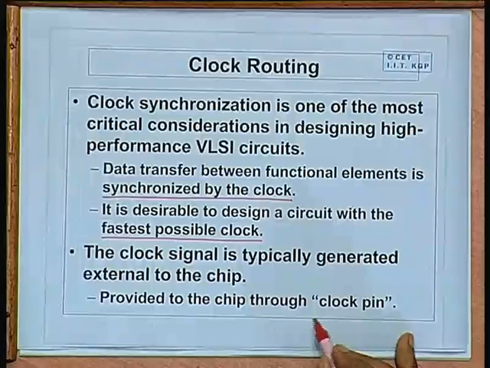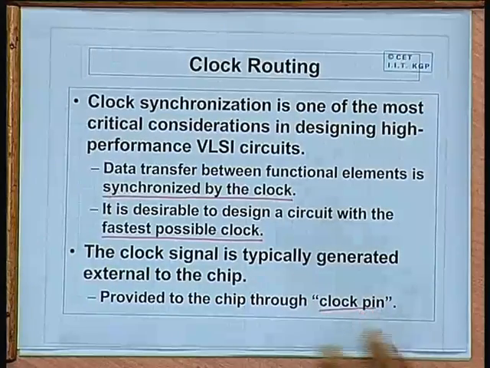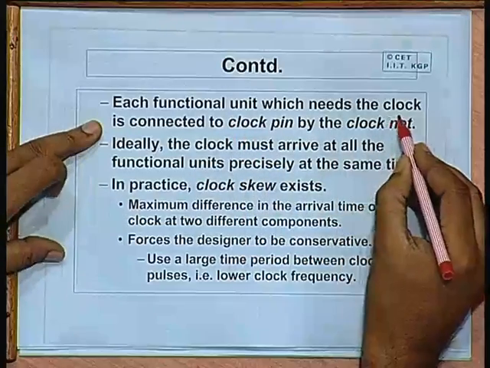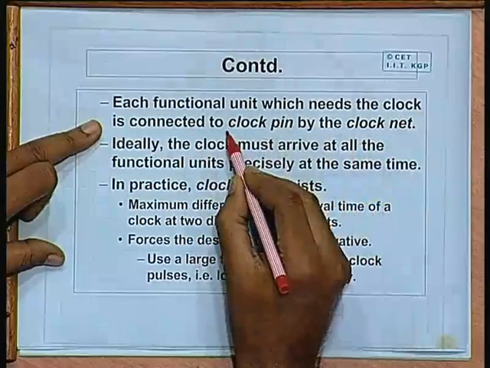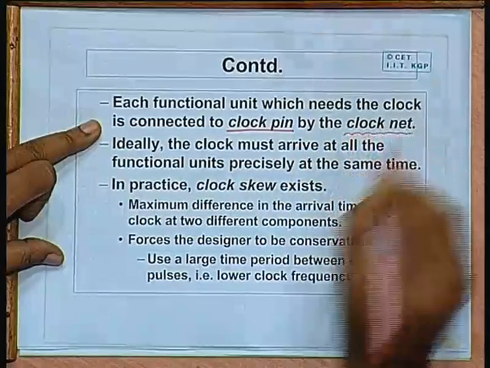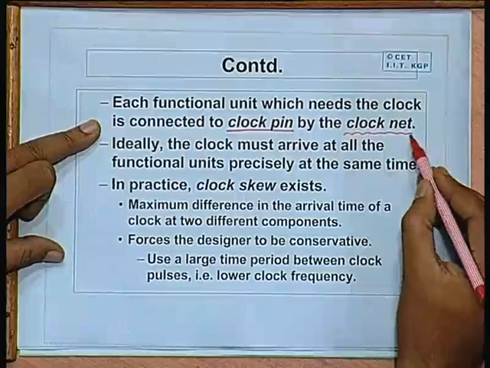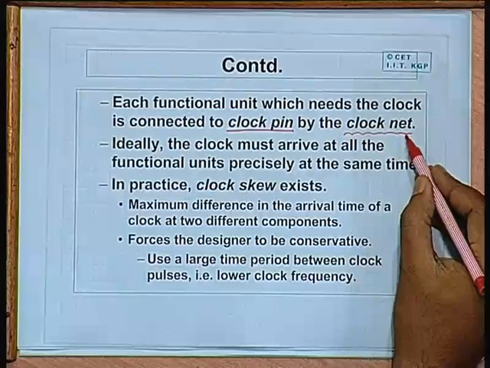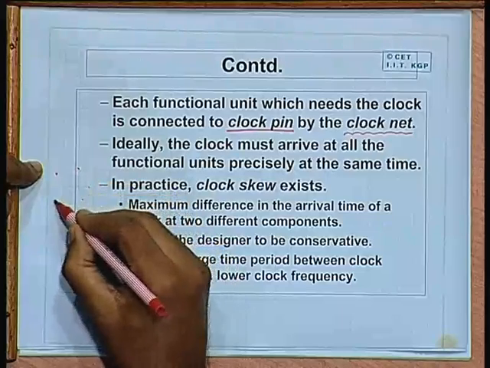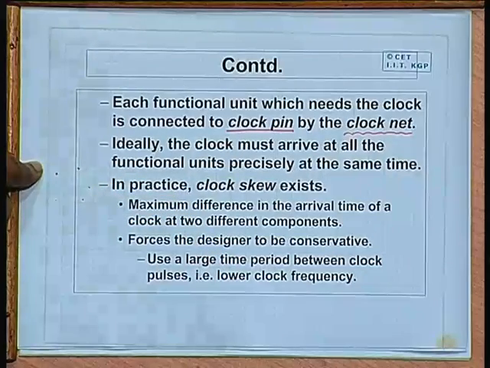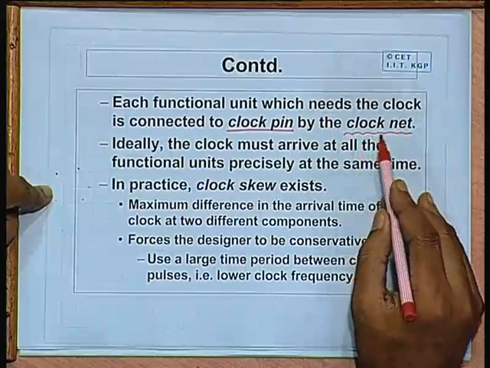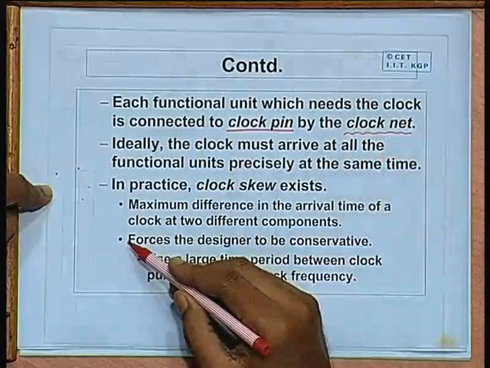So, externally you have this clock pin, this is what I call, and each functional unit inside the chip which needs the clock will have to be connected to the clock pin. So, we have something called a clock net. Now, a clock net is also very similar to a conventional net in the sense that it connects several pins which are located at specific coordinates. But the main difference in the clock net is that the cardinality of this net is much higher as compared to conventional nets.